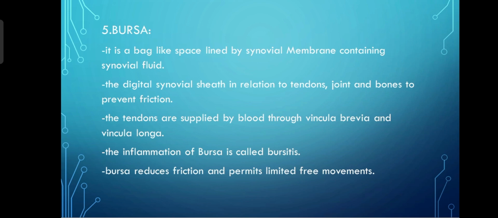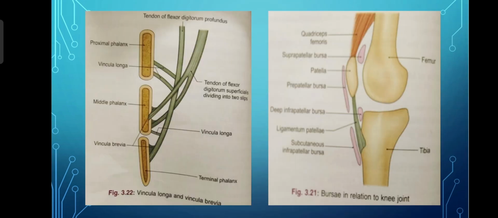The inflammation of bursa is called bursitis. Bursa reduces friction and permits limited free movements, and in the diagram we can see vincula longa and vincula brevia. And on the right side we can see the bursa in relation to the knee joint.